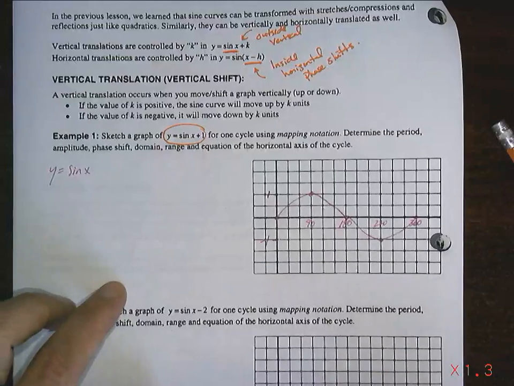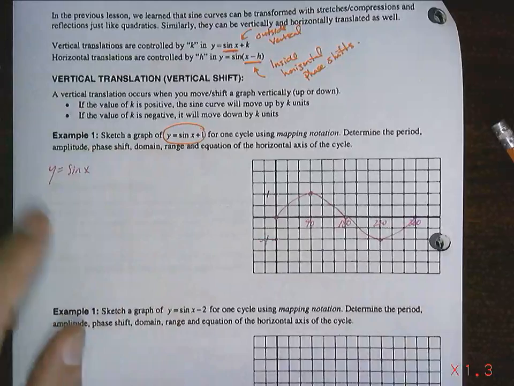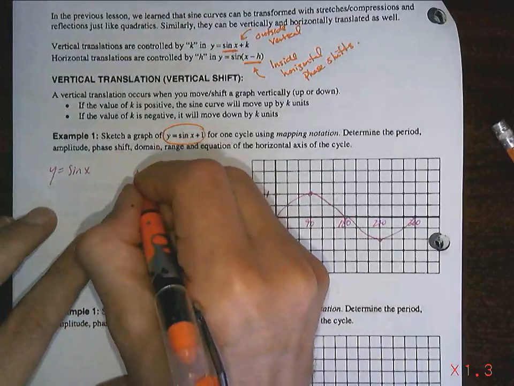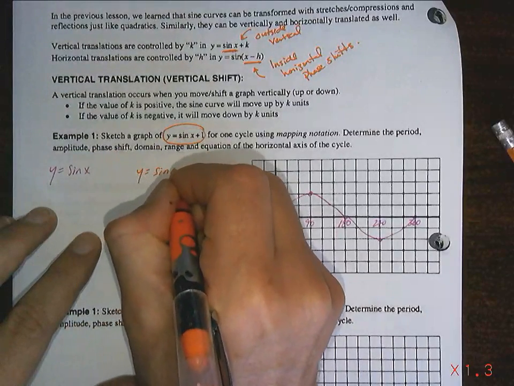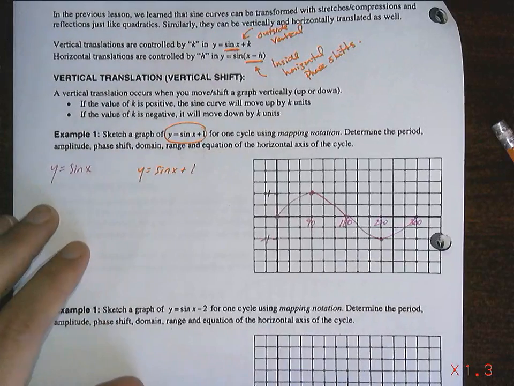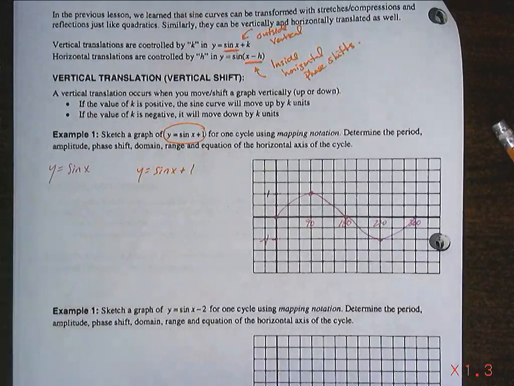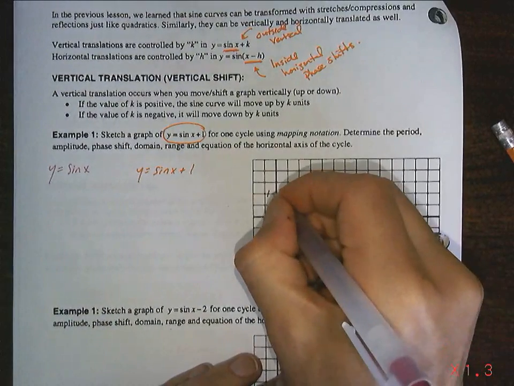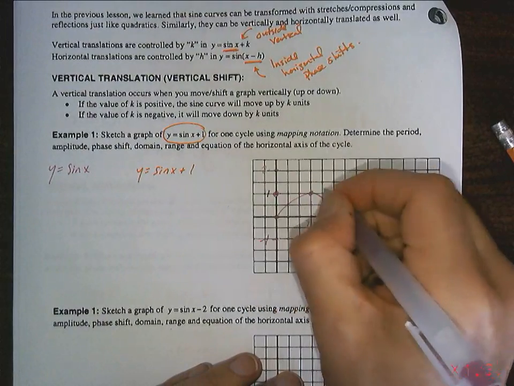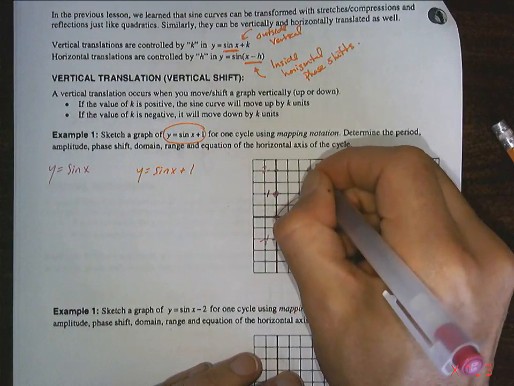Nobody asked me for the sine curve. They asked me for y equals sine x plus 1. That's a vertical shift up 1. All of the points are going to move up 1. So this point's going to move up 1. This point's going to move up 1.